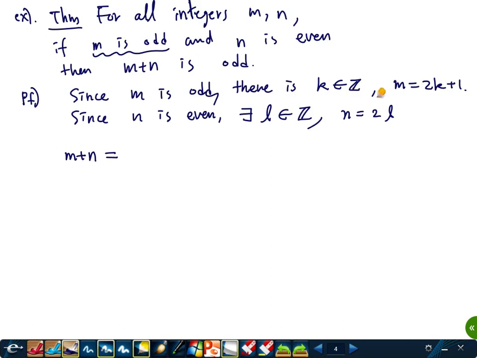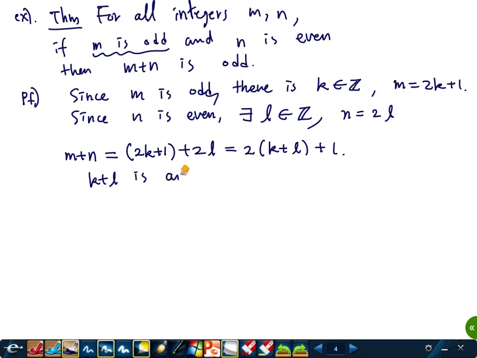So let's replace m and n. We know that m is 2k plus 1, and n is 2l. If you add these two together, you can factor out the 2: 2 times k plus l, plus 1, right? But now what is k plus l? It is an integer. So we expressed m plus n as 2 times an integer plus 1. So that means m plus n is odd. So this is the end of the proof.